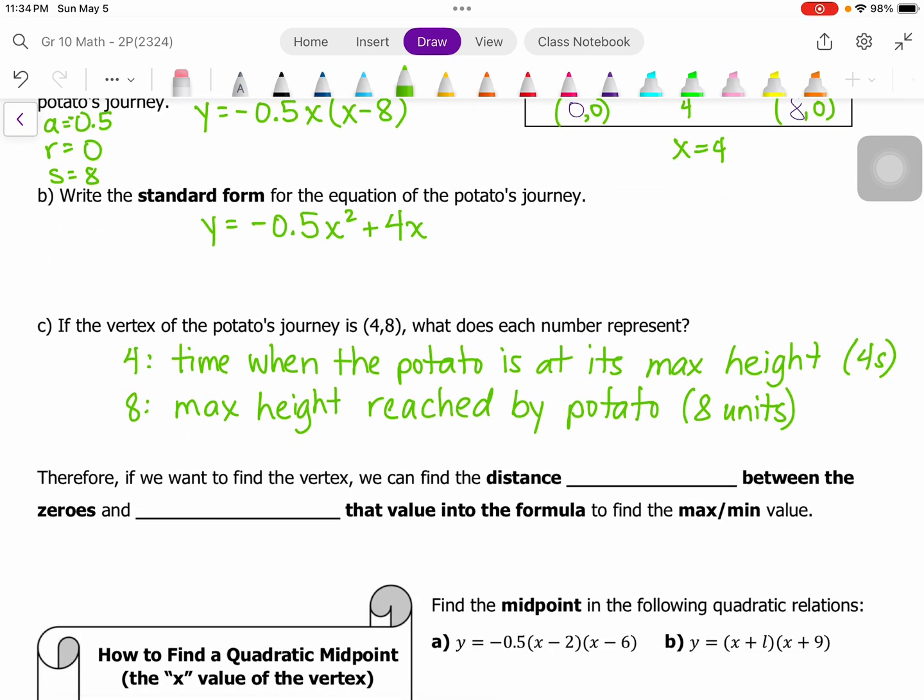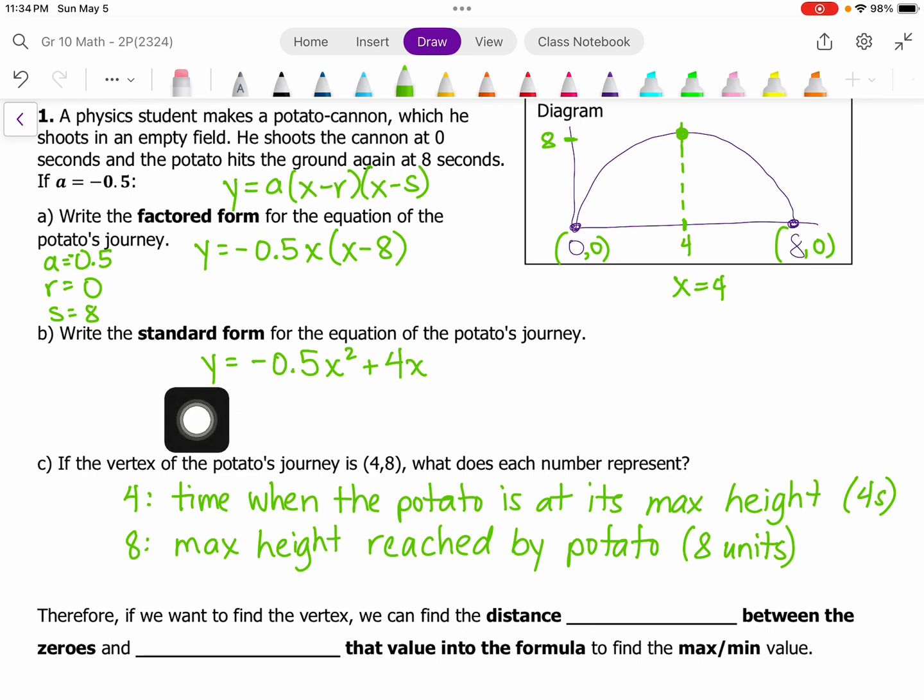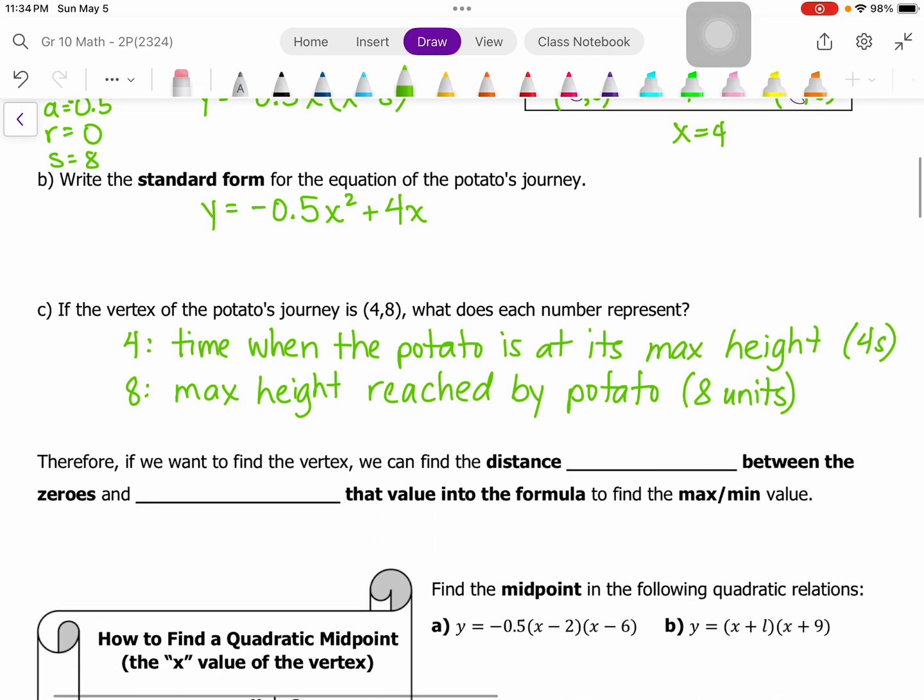So if we want to find the vertex over here, they gave us the vertex, but that x coordinate of it, we could have found by finding the halfway point between our two zeros, the 0 and the 8. So if we find the halfway distance between the zeros, we can take that and substitute that into the equation.